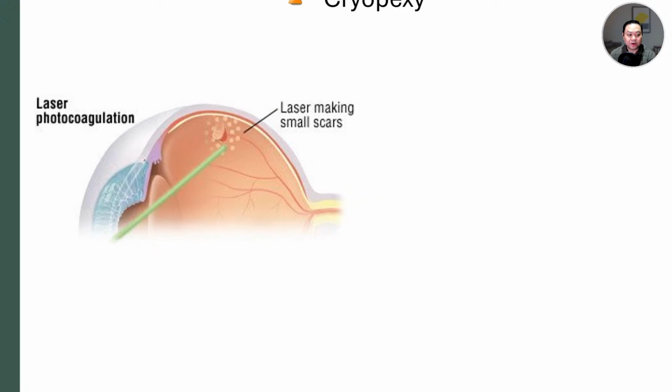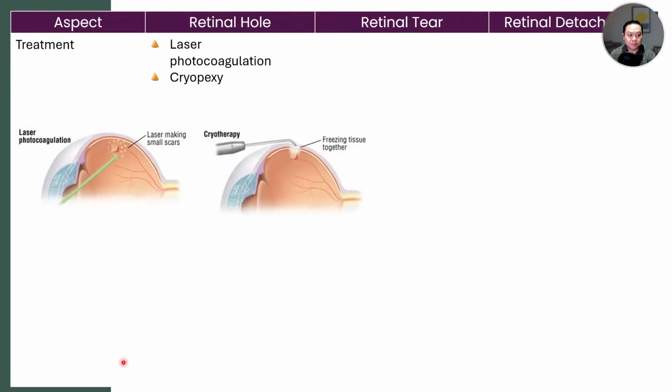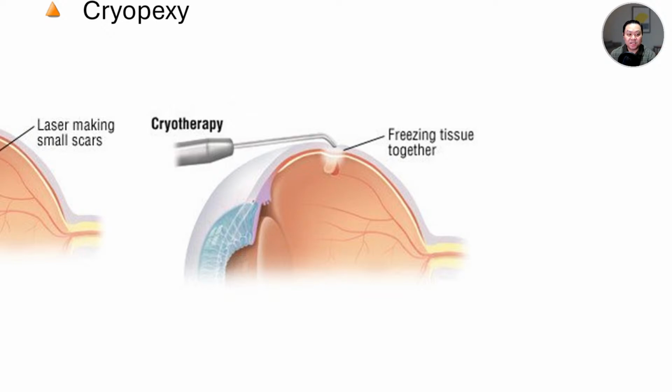Now, for the cryopexy, with the word cryopexy, this is going to involve the use of a cold. This is going to allow freezing the area around the retinal hole or the tear.